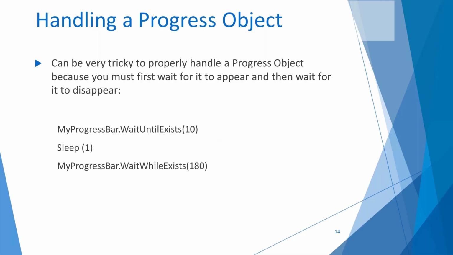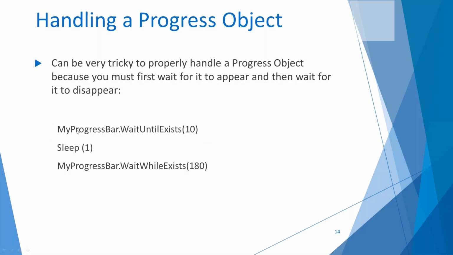We see this a lot in PowerBuilder applications, and then it's going to go away. Now, I've seen a lot of times people just do my progress bar wait while exists, and they wonder why this is not working. Why is this dismissing right away? Well, the reason is that this happened so fast, possibly, that it executed before the progress bar even showed up.